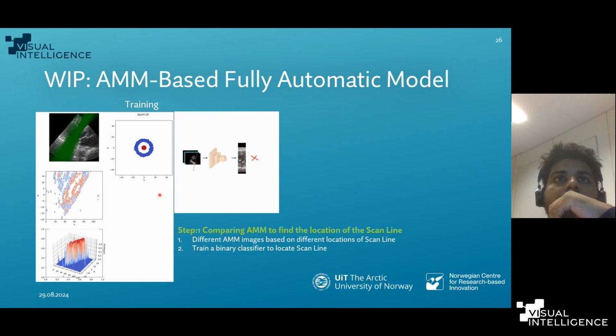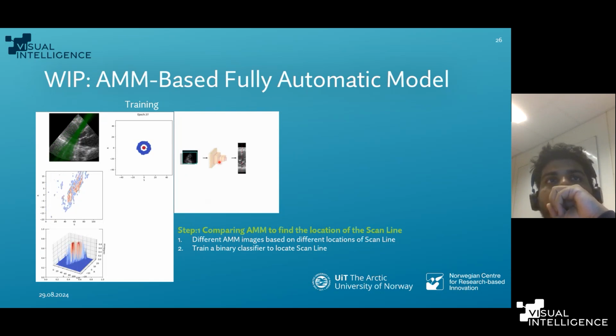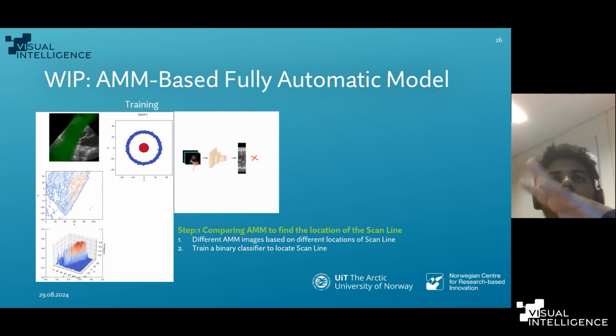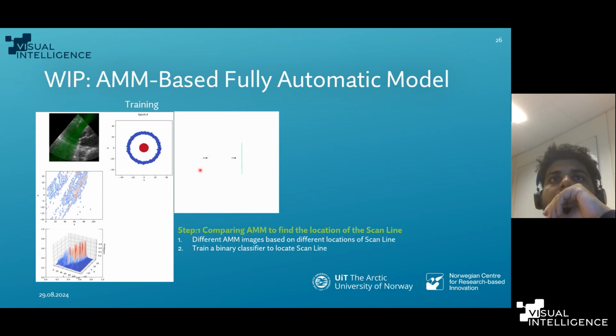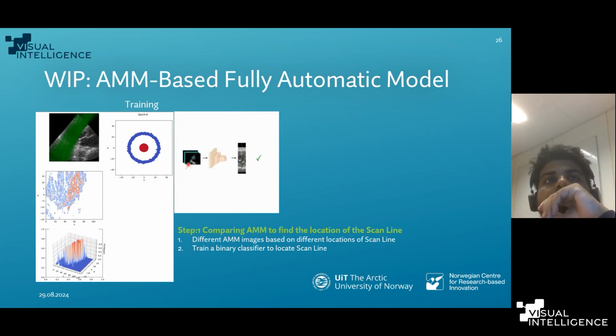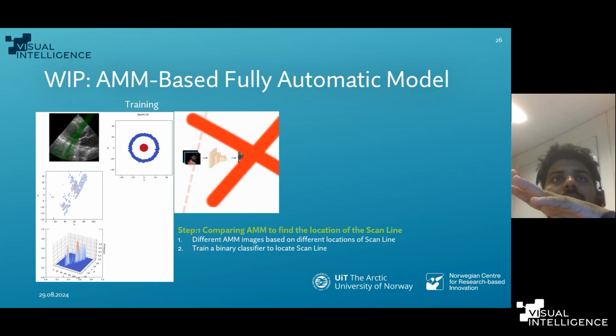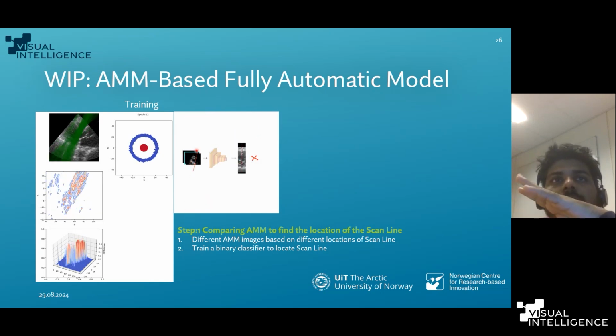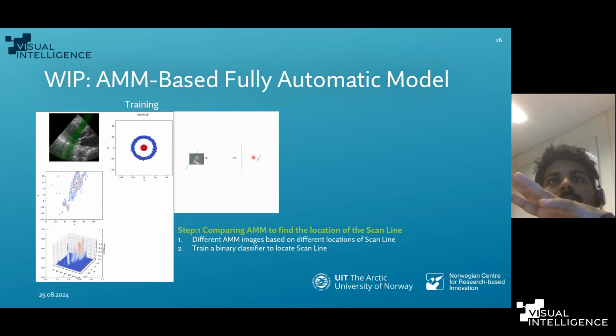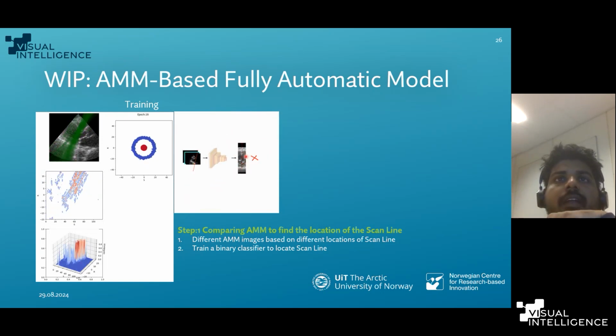Basically I am training a simple feed forward network, pre-trained on ImageNet weights, and I assign some random locations of the scan line. If the scan line is very near to the ground truth scan line, which is already provided in the data, I call the resulting image correct.